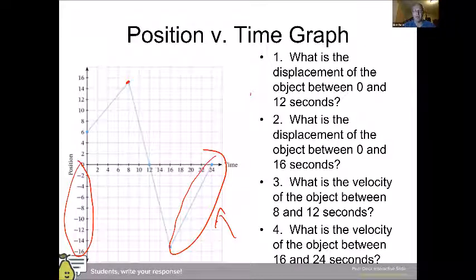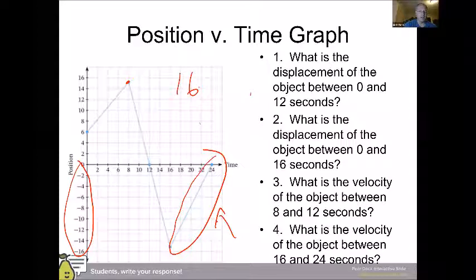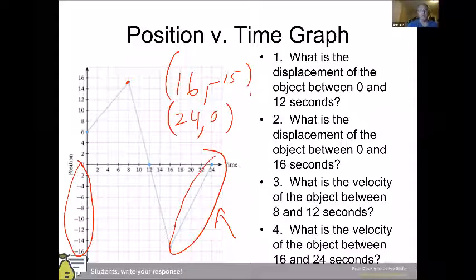And remember, if we want to get the velocity from a position time graph, we find the slope. So at x equals 16, our y value is about negative 15. And at x equals 24, our y value is 0. So find that slope. It would be change in y, negative 15 minus 0, over change in x, 16 minus 24.